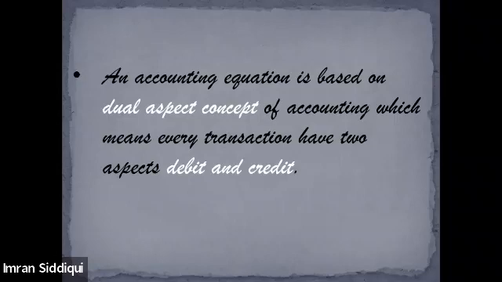This can also be interpreted as every transaction affects at least two areas of the business. At least, I'm not saying that it will only affect two things. It will be affecting at least two items, two areas of the business. Why? Because the accounting equation is based on the dual aspect concept.